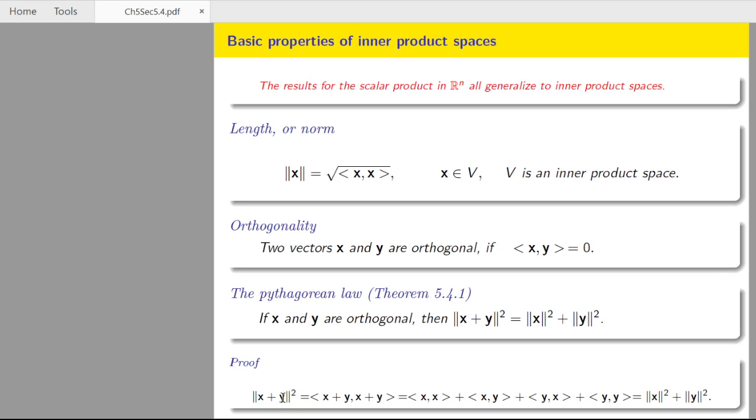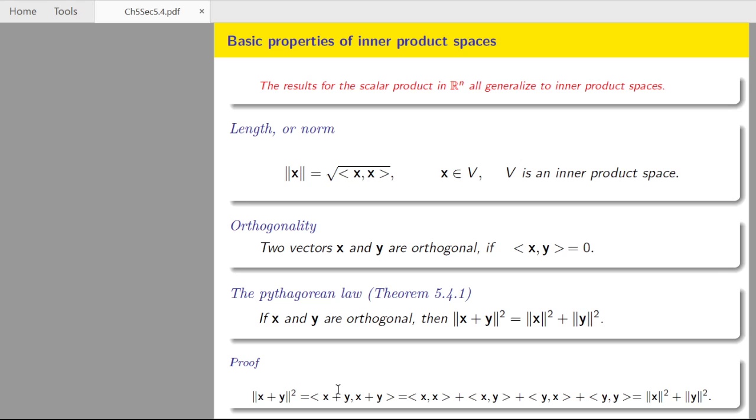By definition, we take the inner product of x plus y with itself, which equals the square of the length of x plus y.